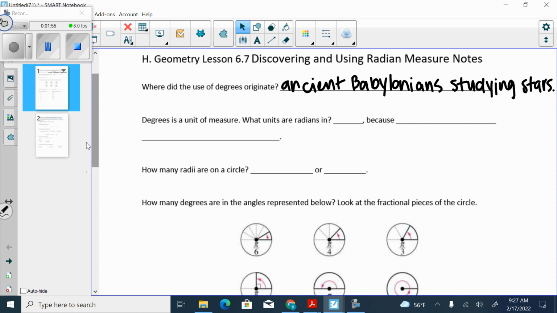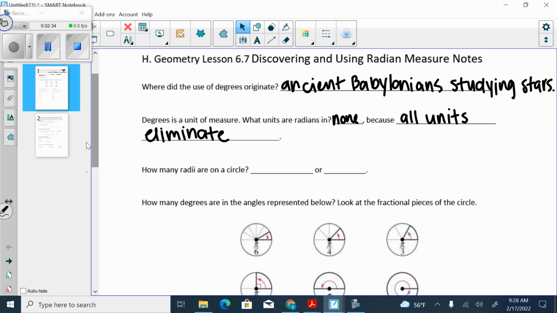Okay, but then they say, what units are radians in? Well, not really any, because whenever you set up to convert, all of your units are going to eliminate. So they ask how many radii are on a circle.